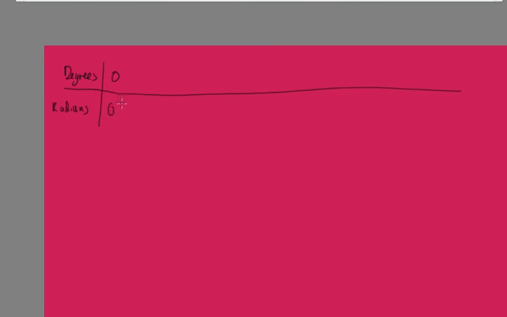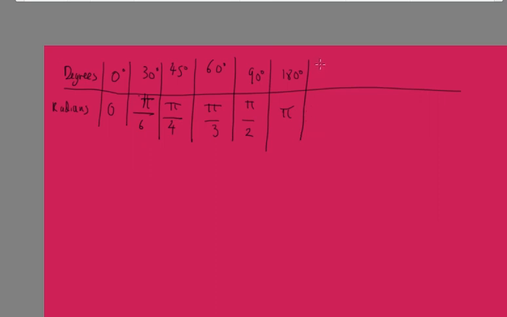So 0 degrees is the same as 0 radians. 30 degrees, we've already had, is pi over 6. 45 degrees is pi over 4. 60 degrees is pi over 3. 90 degrees is pi over 2. 180 degrees is pi. 270 degrees is 3 pi over 2, and 360 degrees is 2 pi. So I hope that helps.